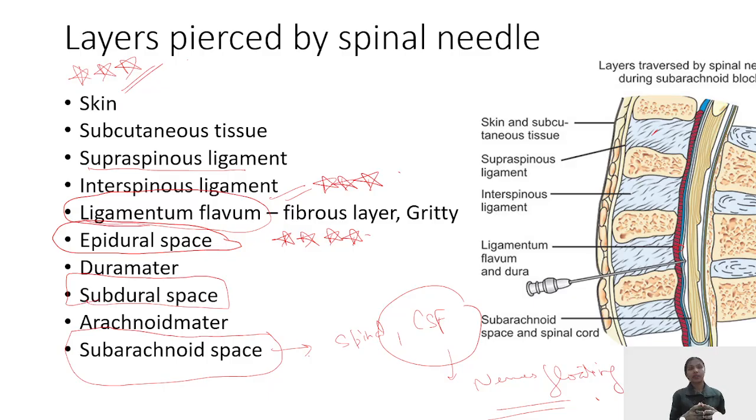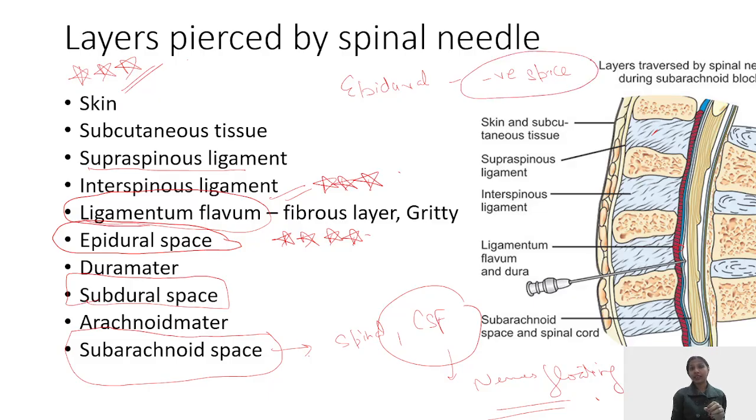The next very important thing is that the epidural space is a negative space. Always remember, epidural is a negative space. It's like a vacuum. When we enter the negative space of epidural anesthesia, we have a loss of resistance, which is used to identify that space.